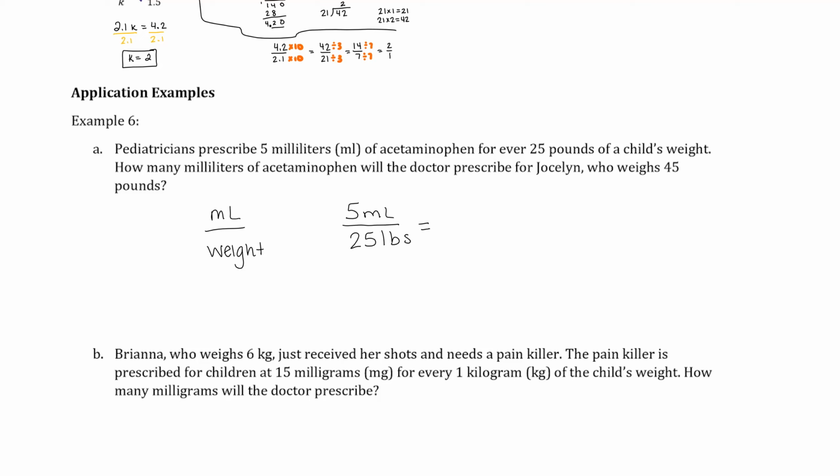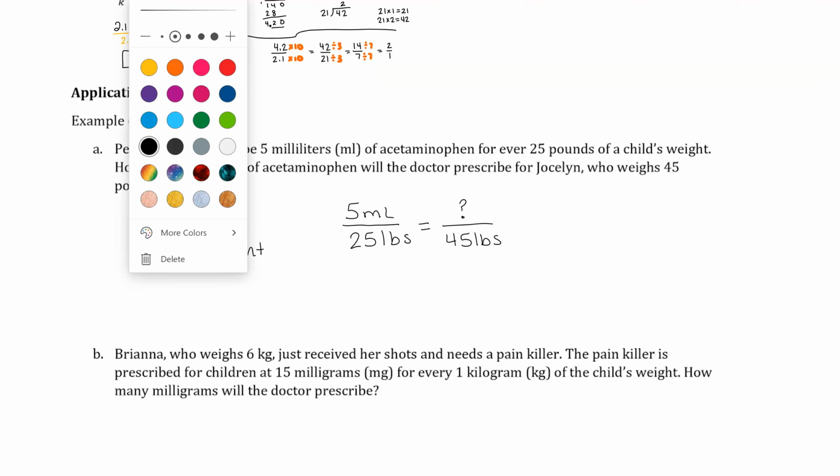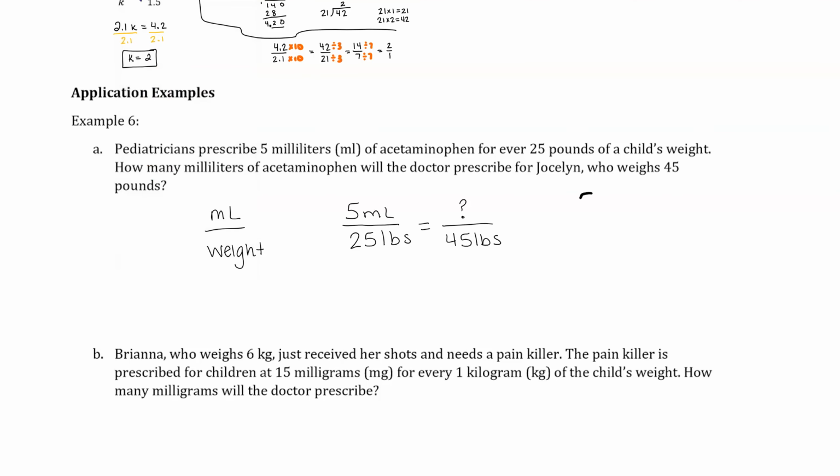Now, Jocelyn weighs 45 pounds, and I'm not quite sure how much I should give her. So we have to solve this proportion, which is 5 over 25 equals x over 45.